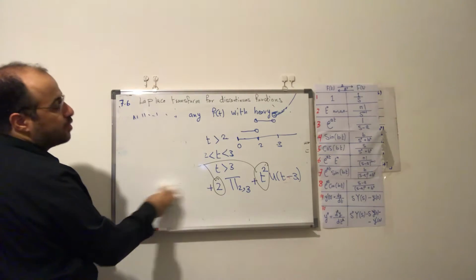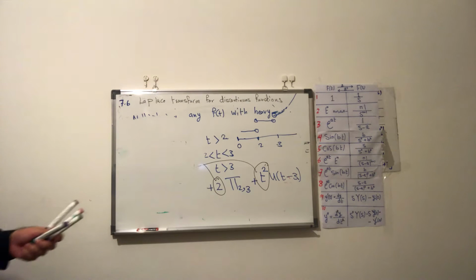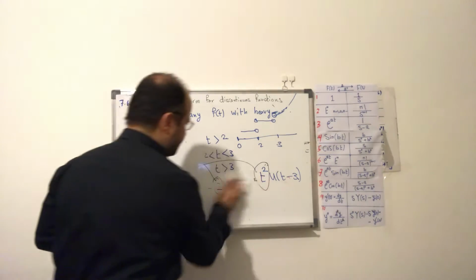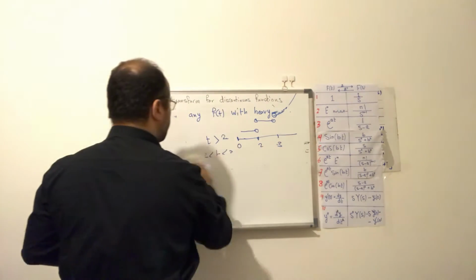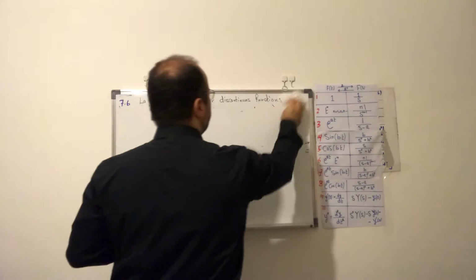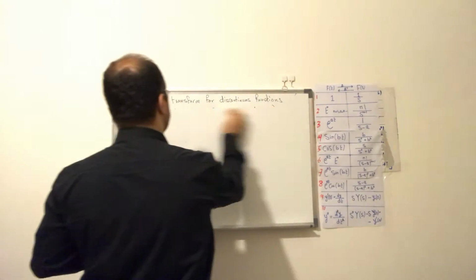This is just to show you that any jump discontinuous function can be written using the Heaviside function, or the Heaviside function and the rectangular window function. So for any jump discontinuous function, you can use the Heaviside function to rewrite the function.